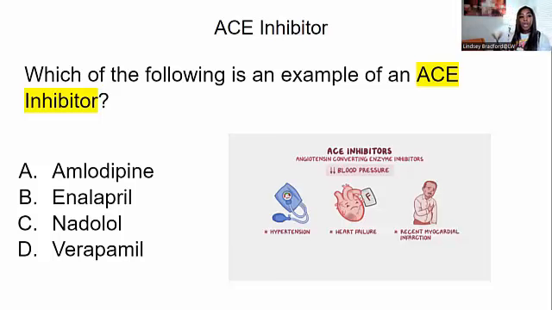ACE inhibitors are typically going to end in PRIL. Write that down. Your ACE inhibitors are typically going to end in PRIL. I just gave you the answer. PRIL. So it says, which of the following is an example of an ACE inhibitor? It's going to be letter B.